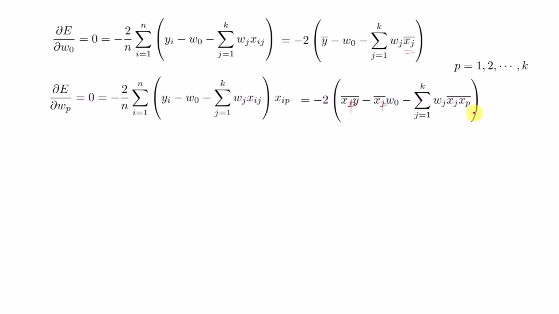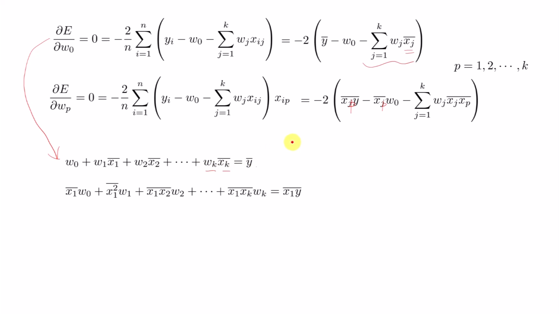If I now take this and write all the equations for p equals 1 to k, this will give one equation, this will give k equations. Once again, we will get the same k plus 1 equations, but it may look slightly better here. So this is w0 plus w1 x1 bar plus w2 x2 bar, etc., up to wk xk bar equals y bar.